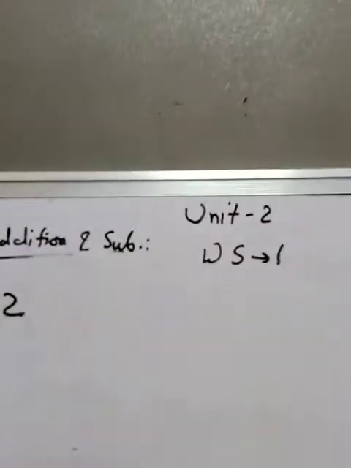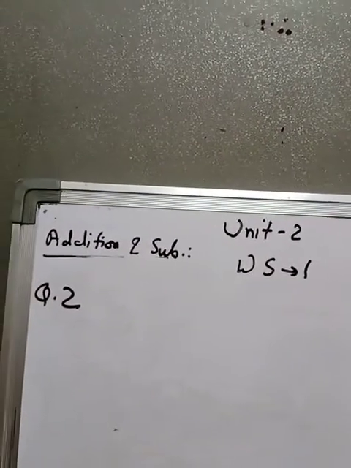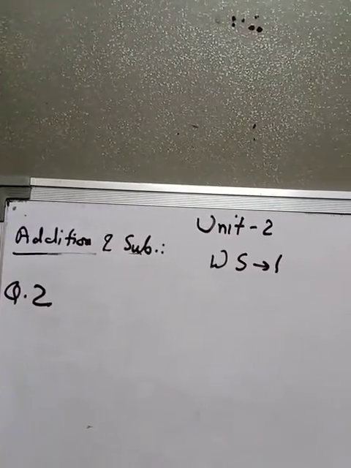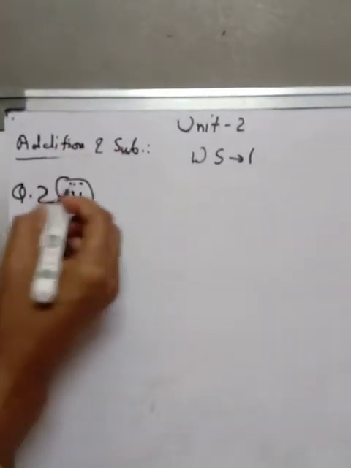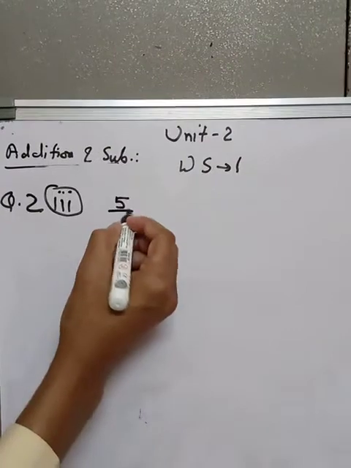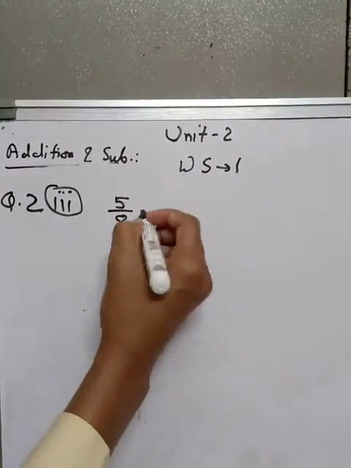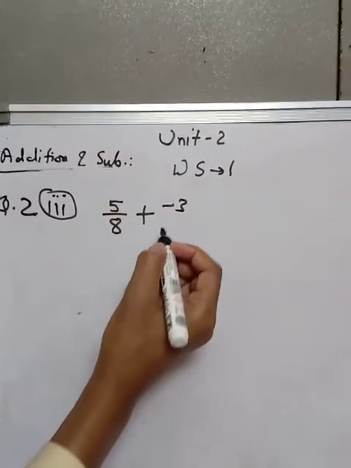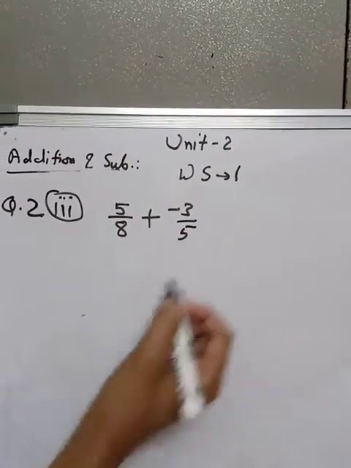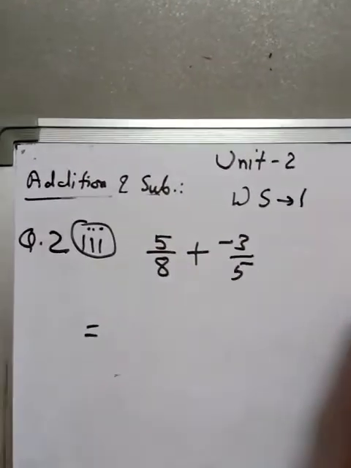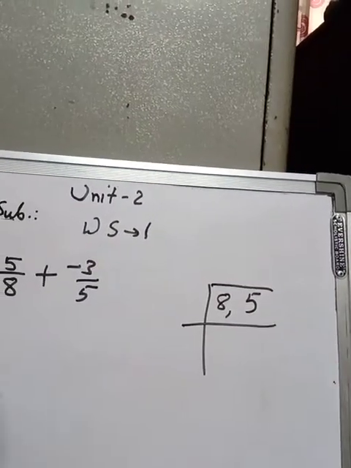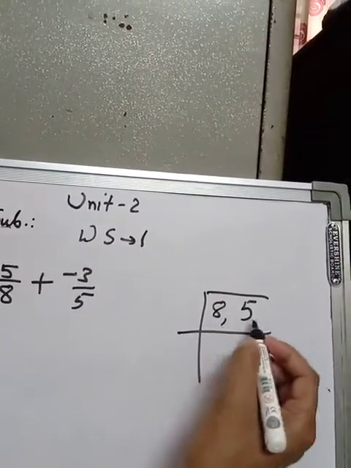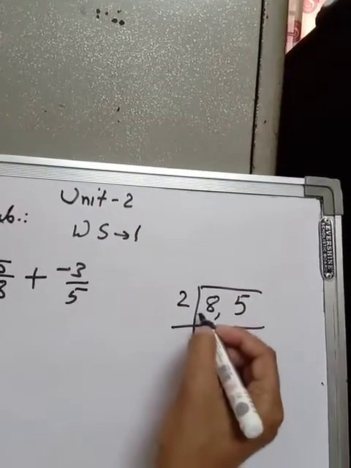So I am taking one example of question 2, when the denominators are different. I am taking the third one, 5 upon 8 plus minus 3 upon 5. First of all we will find the LCM of the denominators. The LCM of 8 and 5: both are not divisible by any number other than these two.